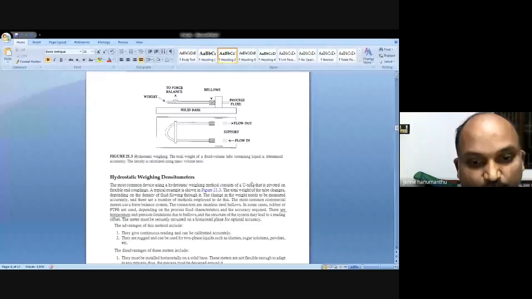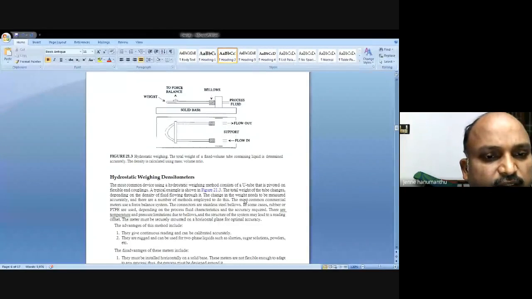Yesterday we covered some other concepts like density meters, and this time we see the hydrostatic type.